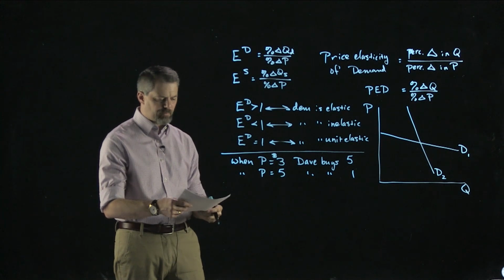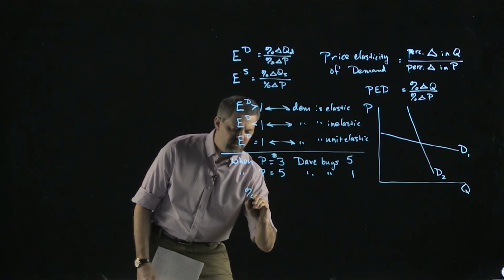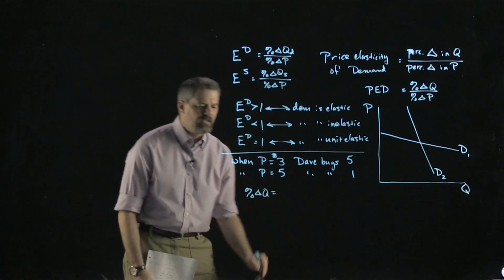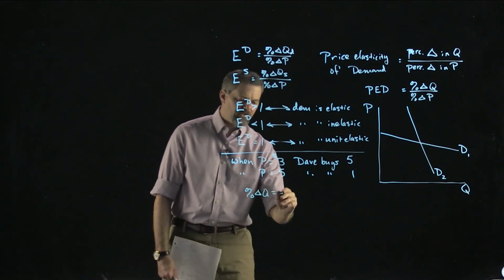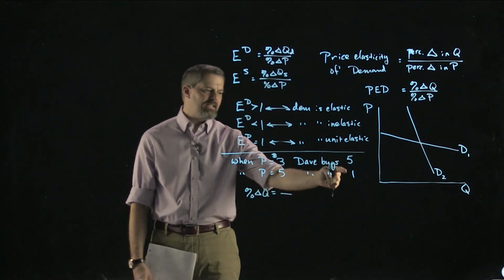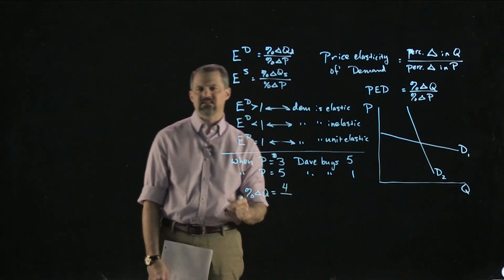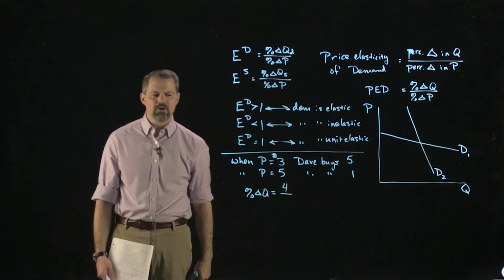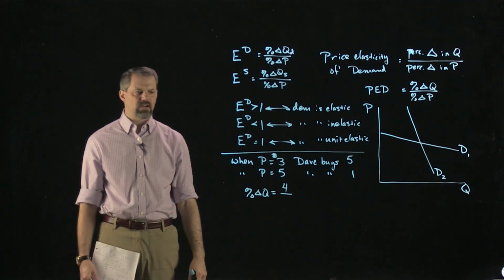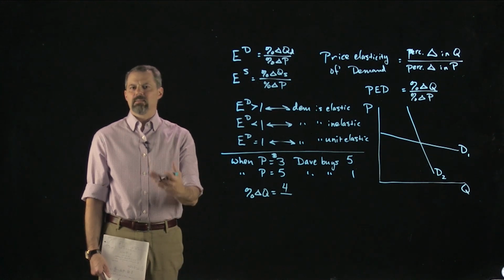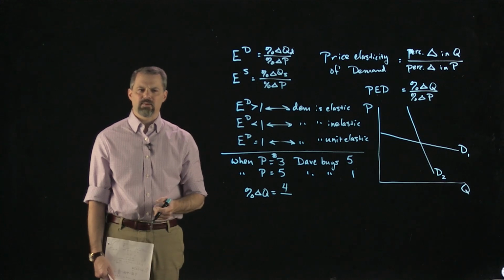So I'm going to calculate the percent change in quantity first. The numerator is going to be how much quantity changes by, and it changes by 4. Now it's -4, but remember we don't pay attention to the signs when we're talking about price elasticity of demand or price elasticity of supply.